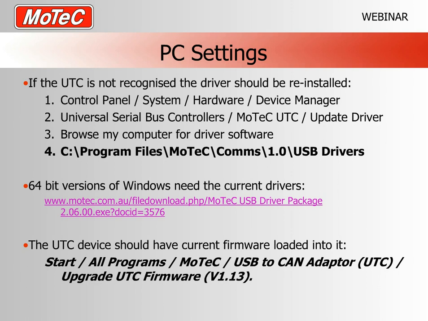So sometimes you need to scroll through the Device Manager list and look for unknown devices, because that may be where the UTC is appearing. Normally it would appear under the Universal Serial Bus Controllers drop-down, and then it'll just be called Motek UTC.